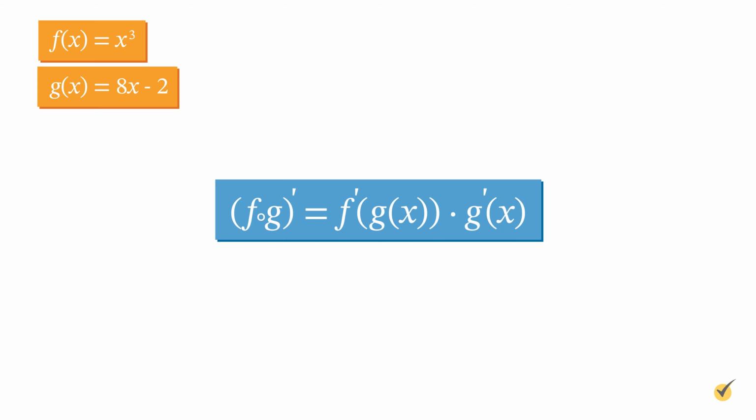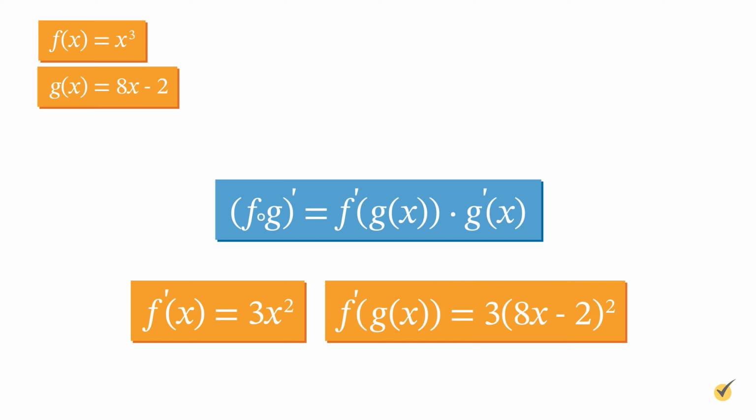So if we wanted to find the derivative of f of g of x, we would first write the derivative of the outer function, the cube, while leaving the inner function alone. Given that f of x equals x cubed, then f prime of x equals 3 times x squared, and f prime of g of x equals 3 times the quantity 8x minus 2 squared.